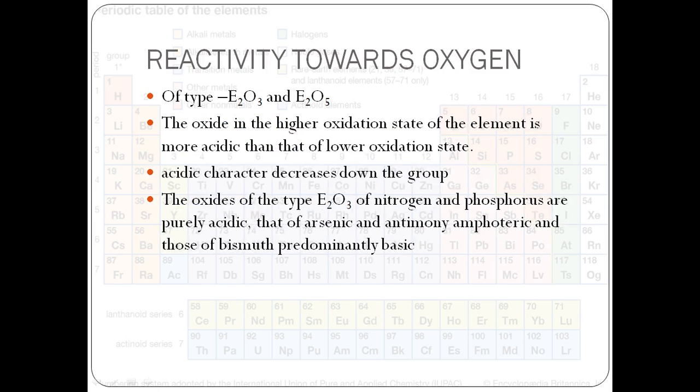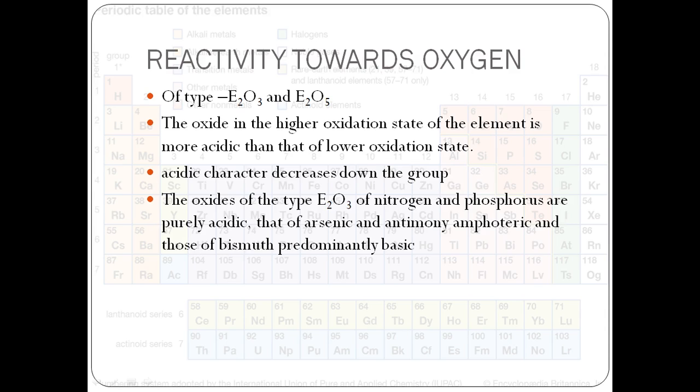Then reactivity towards oxygen. All elements of this group form two types of oxides, E2O3 and E2O5. The oxide in higher oxidation state, that is E2O5, is more acidic than that of lower oxidation state, that is E2O3.